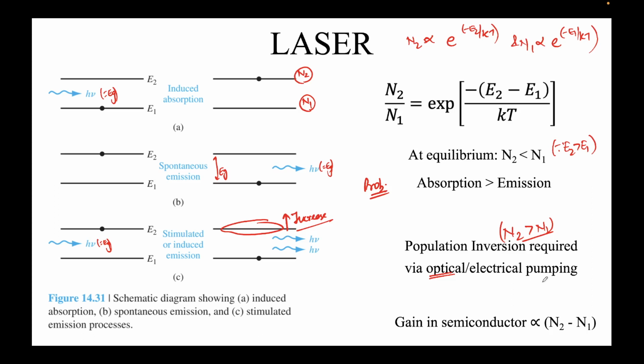So what I mean by that is that the intensity of light that is emitted is a function of x, so it will depend on I naught, which is, let's say, the reference intensity, right? Also it will depend on the gain, which is denoted by gamma. This is also a function of wavelength or the frequency.